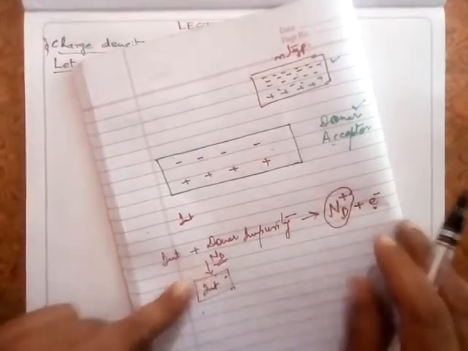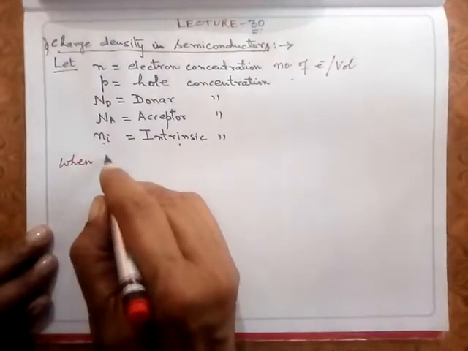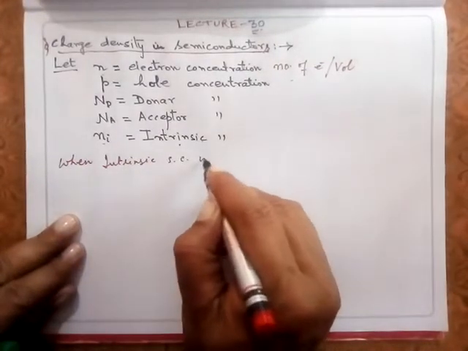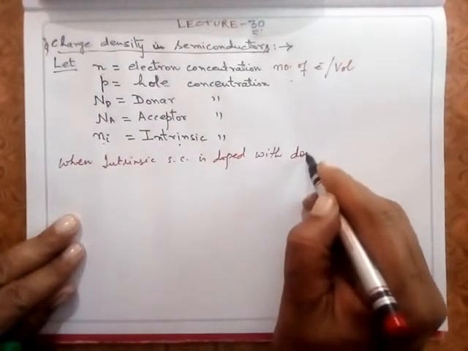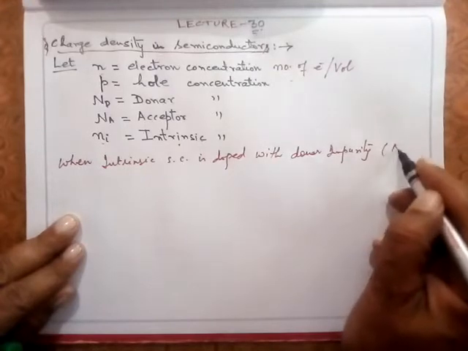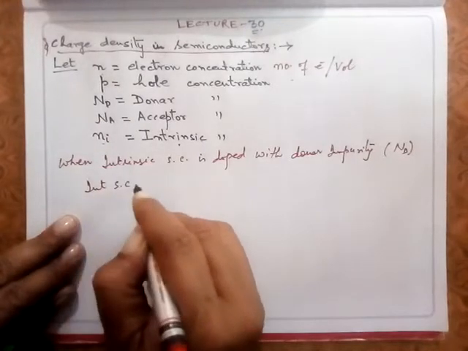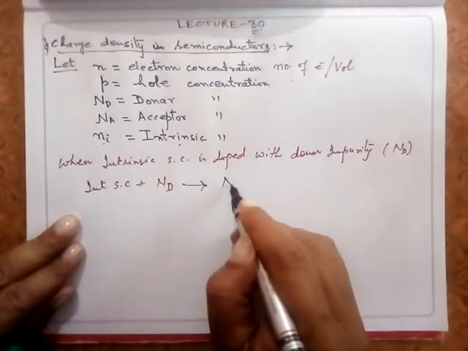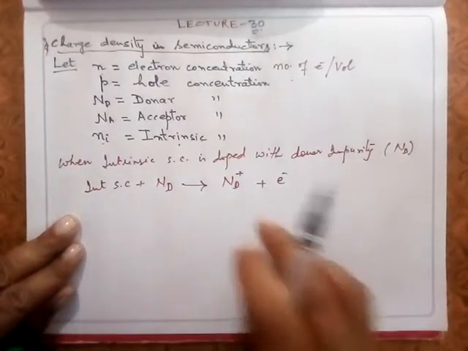So when the intrinsic semiconductor is doped with donor impurity, that is, Nd is the donor concentration, I can say this intrinsic semiconductor plus donor impurity Nd will result in Nd donor ions per unit volume plus Nd electrons.